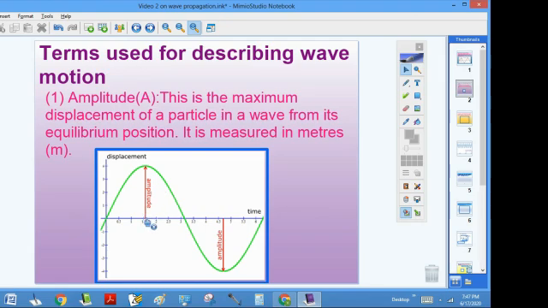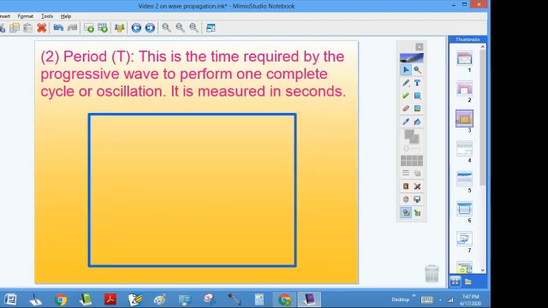Amplitude is measured from the equilibrium position along the y-axis to the maximum displacement. So that distance in the vertical direction gives us what amplitude is all about, and it is in meters, meaning that it is the same as distance.